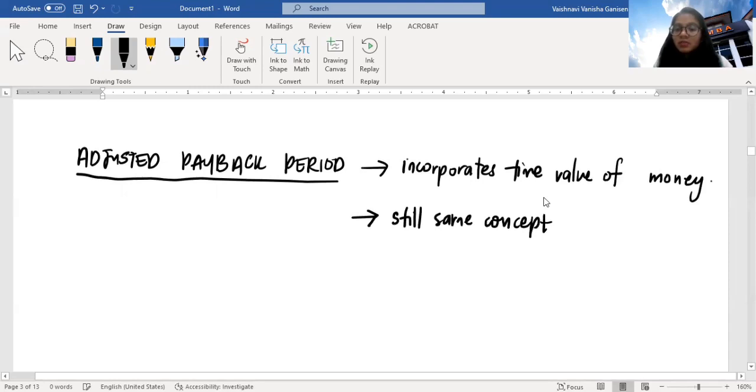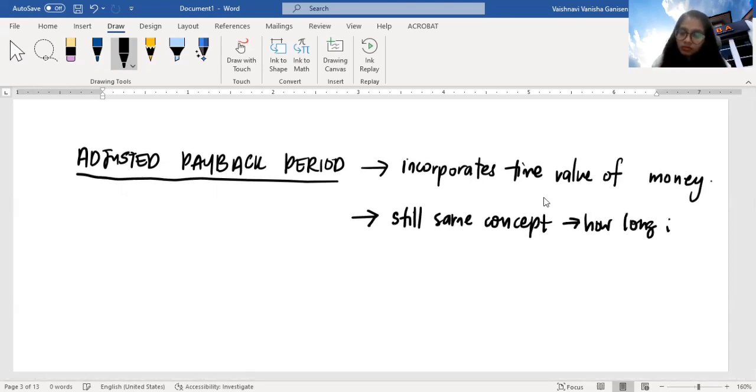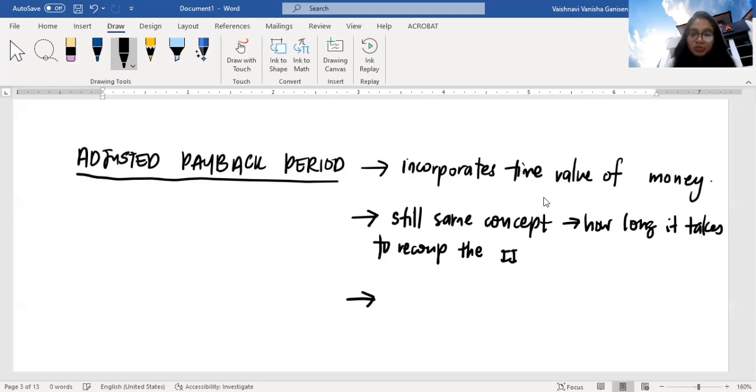What is the concept? The concept is how long it takes to recoup the initial investment. All right, now you need to use the discounting technique.